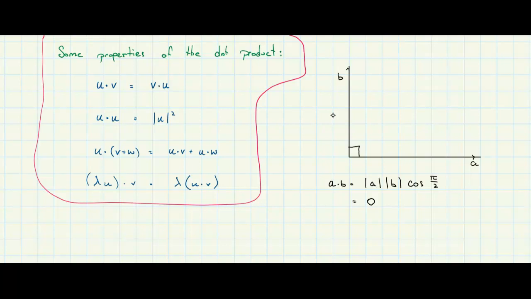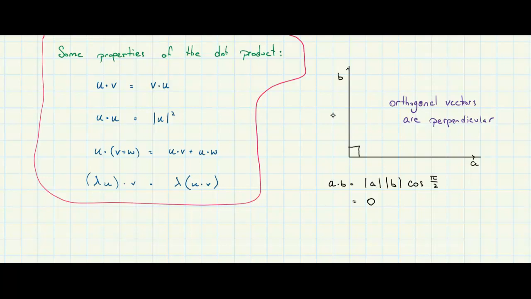Now, perpendicular vectors have a fancy name, and that is orthogonal. So vectors a and b, if they're perpendicular, are orthogonal. It's just a vector term for perpendicular vectors.